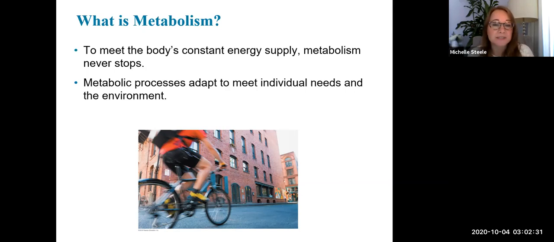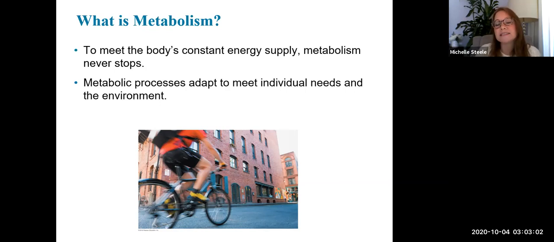Metabolism never stops. Even if we're not currently eating food or digesting the food or absorbing the food, our bodies are carrying out metabolic processes all the time, whether it's through a digestive process, neurological signaling, maybe muscle contraction, whatever the case may be, there are many different metabolic reactions happening in our body, and that metabolic reactivity never stops.